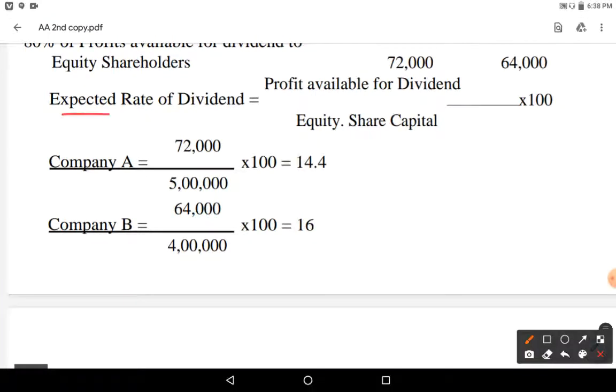Expected rate of dividend, this is your step 2. If we present stepwise, the answer looks good and we can score good marks, because you are in a semester system where grading is there.